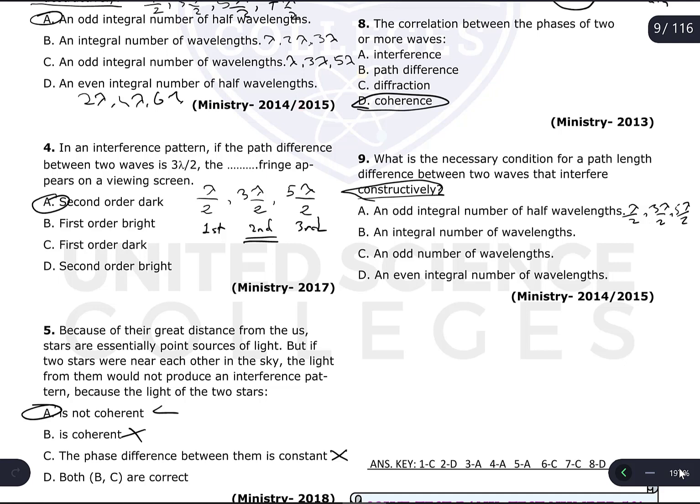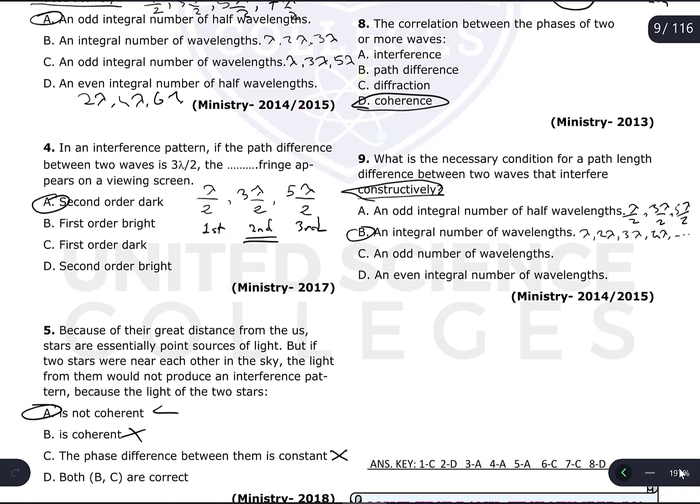This is for destructive, not constructive. An integral number of wavelengths, lambda, 2 lambda, 3 lambda, 4 lambda, this is correct. When the path length difference is an integral number of wavelengths, the waves arrive on the screen in phase, so they form constructive interference.